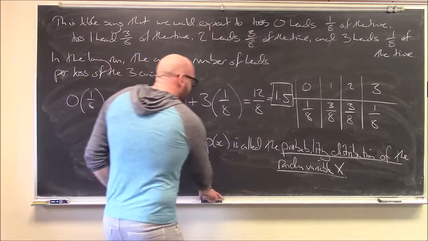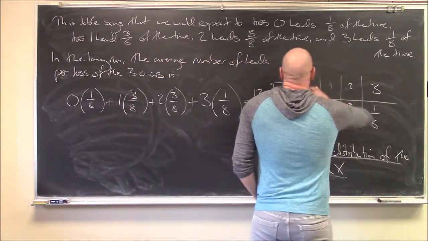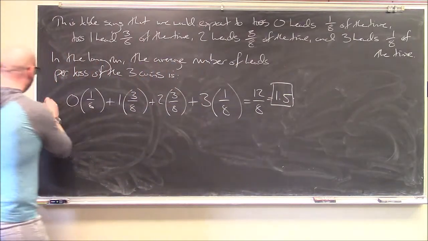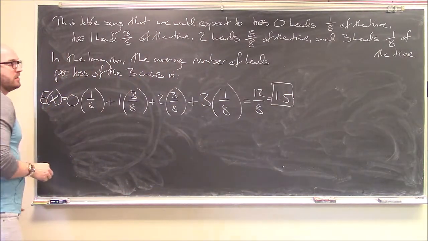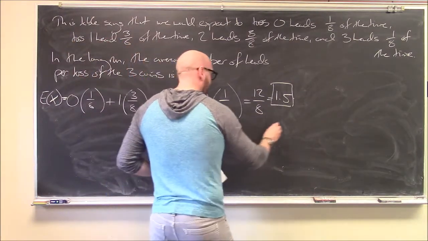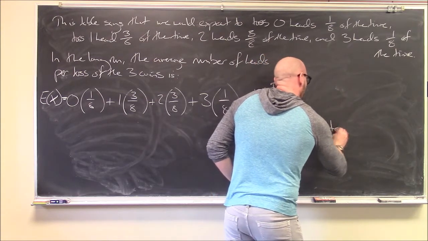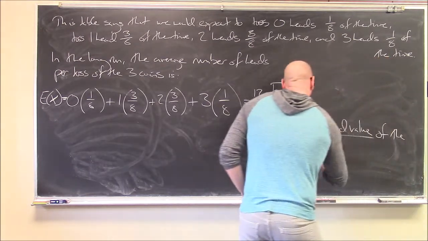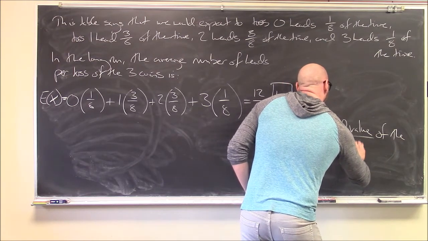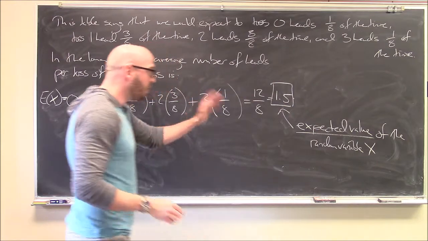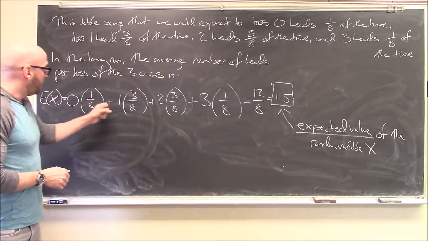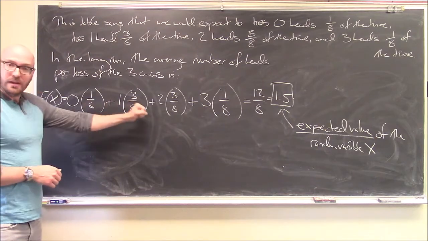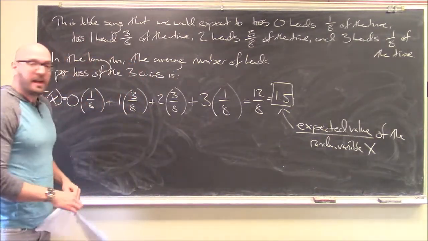So this has a name. This is called the expected value of this random variable, and I'm going to call this E of X. The expected value of the random variable X. The way expected value is computed is you take all of the values in the range of X, you weight them, multiplying by the probability of those outcomes, and add them all together.